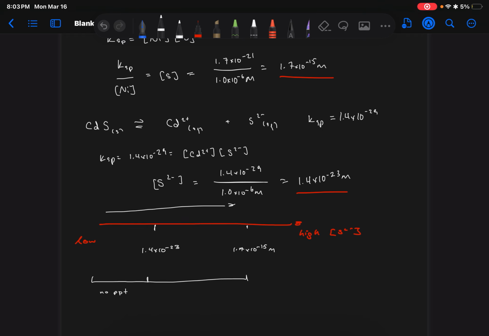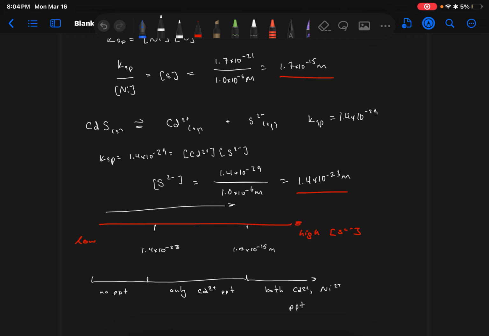In this range, there will be only Cd2+ precipitate, and then in this one, both, Ni2+ and Cd2+, if that makes sense.